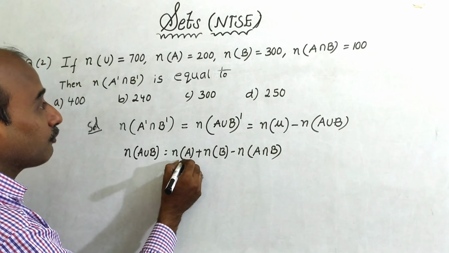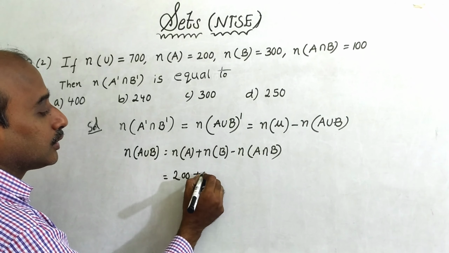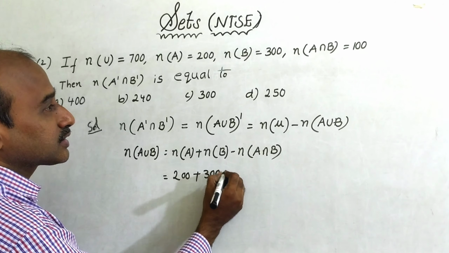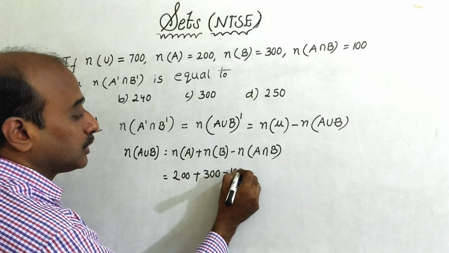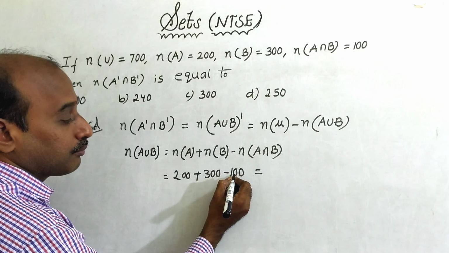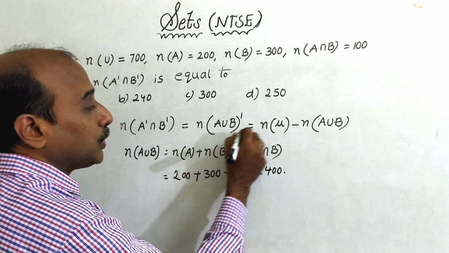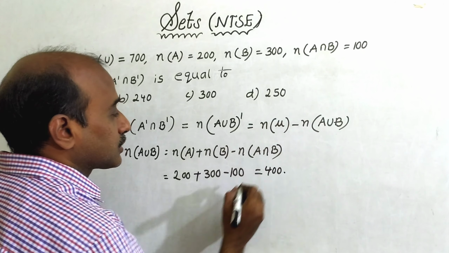Now what is n(A)? 200. n(B) 300 minus n(A intersection B) 100. This is nothing but 200 plus 300, 500 minus 100, 400. Now you can substitute this in this.